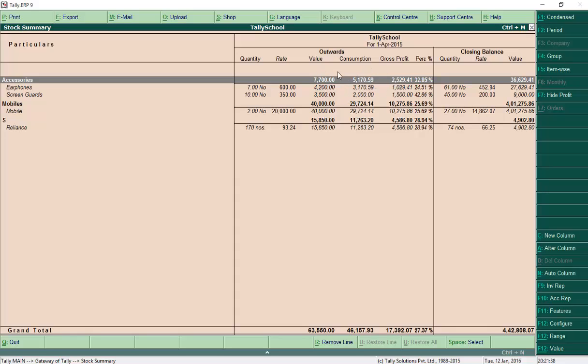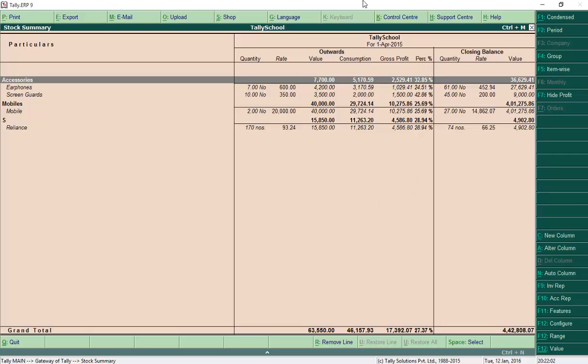This means we have sold it for 7700 and bought it for 5170. So our gross profit is 2529.41, and in percentage it is 32.85%. This is the sales value, this is the purchase value, this is the gross profit, and this is gross profit in percentage.